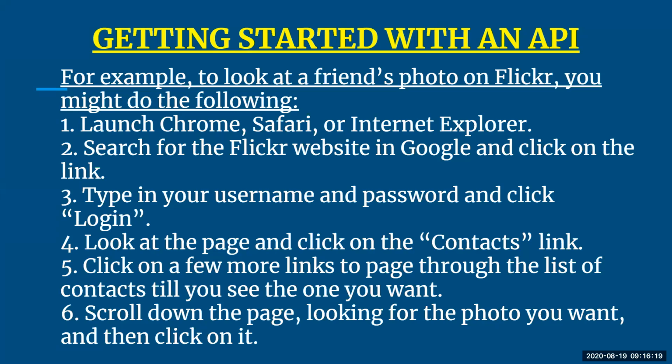I just gave you a general example. If I tell you that you want to look at your friend's photo on the Flickr application, you will definitely tell this series of steps from 1 to 6, because whenever we want to do any kind of task over the internet, these are the basic steps.